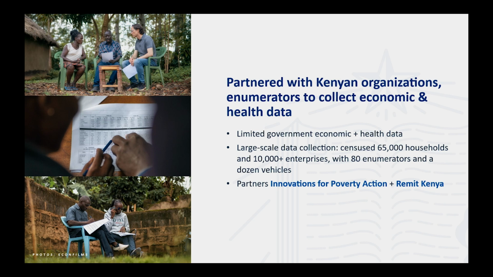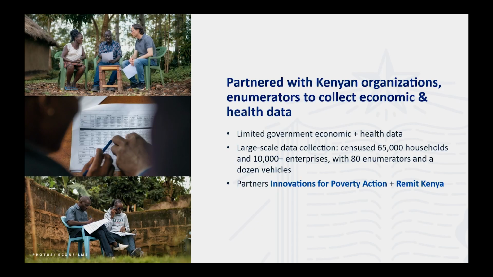We actually censused 65,000 households in the study county of Siaya, Kenya. The total population in those 65,000 households was 300,000 people. We censused all of them. We censused over 10,000 enterprises, every enterprise in the region, from the smallest one-person shop to the largest businesses in the county. And we're doing this so we can measure economic outcomes and health outcomes as accurately as we can.